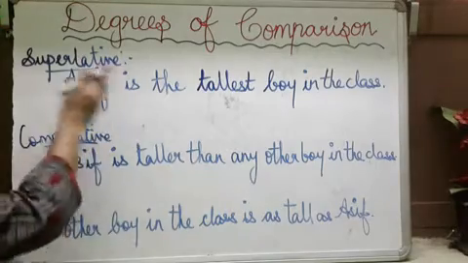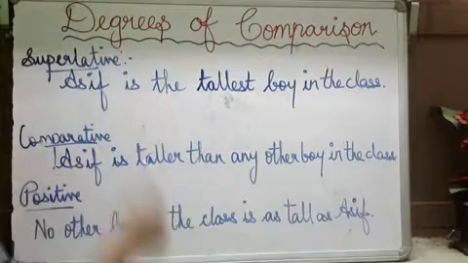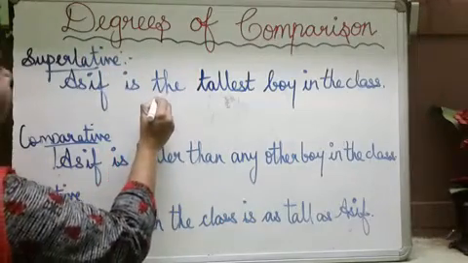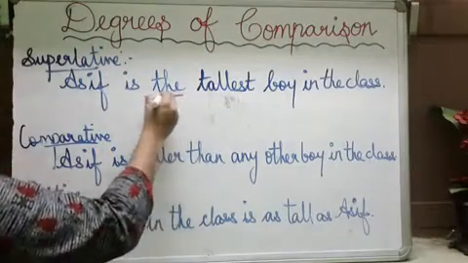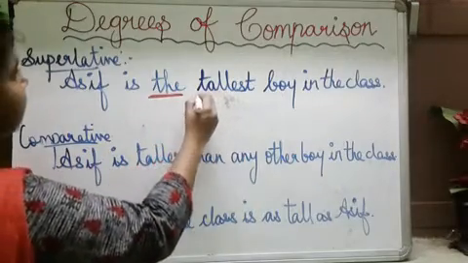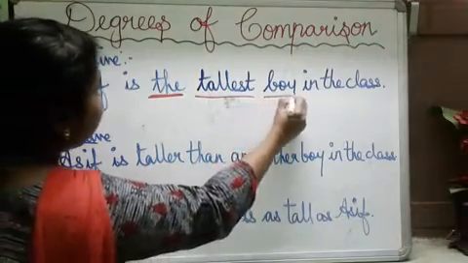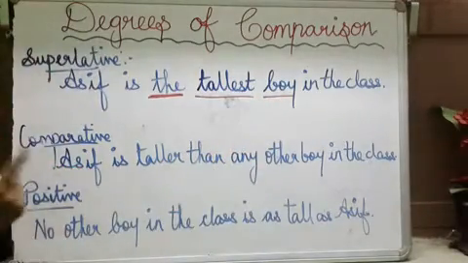So that is why we say that this is the superlative degree. He is the tallest boy. You have to notice the article 'the', then this 'est', tallest, and then this boy. He is the tallest boy in the class.